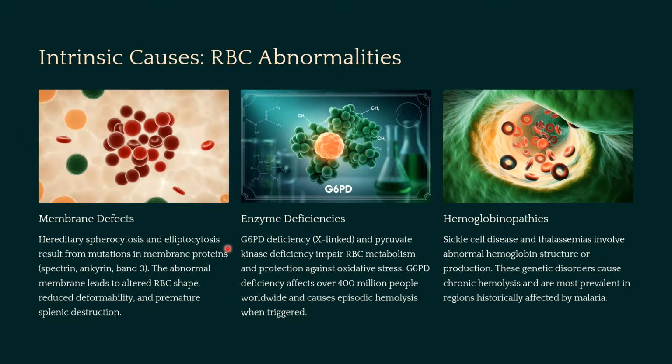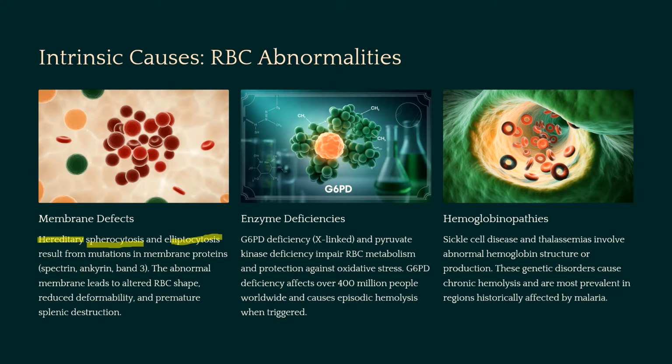They result from mutations in the membrane proteins spectrin, ankyrin, and band 3. These two are the main outcomes of membrane defects, and both are hereditary in nature. That means it comes from one generation to another.